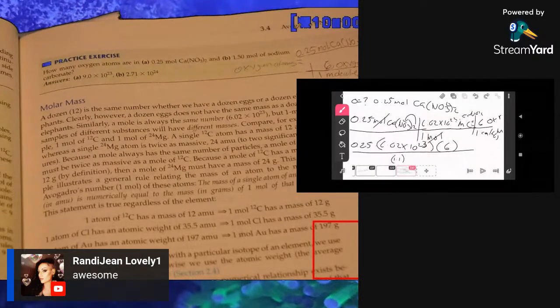All right. So when you put an equal sign, what you get is 9.0 times 10 to the 23rd oxygen.